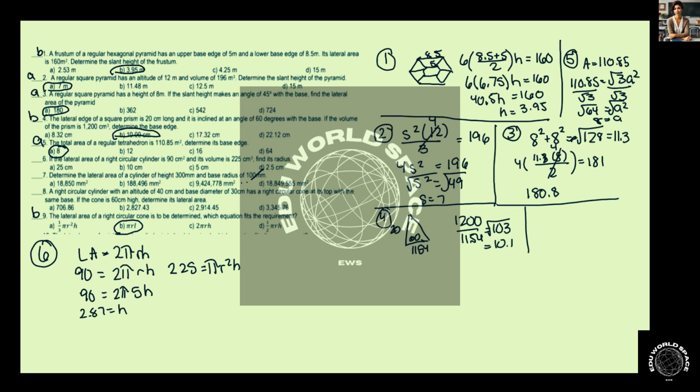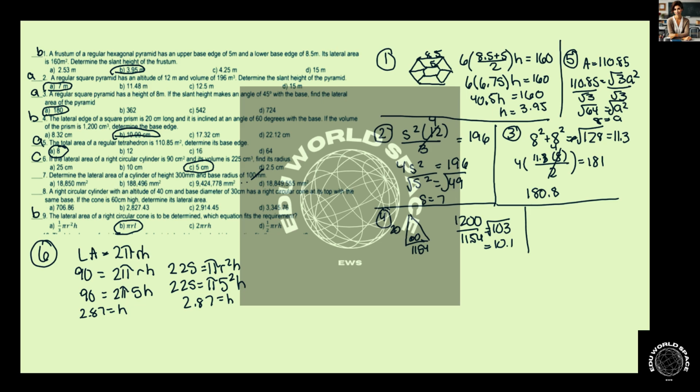Then I said, well, if I plug 5 into the volume formula, pi times 5 squared times the height, would I get the same one? And I got 2.87 equals the height. So the correct answer is C, 5.